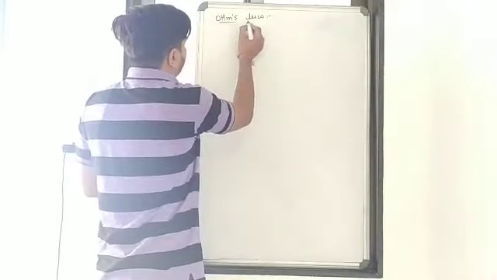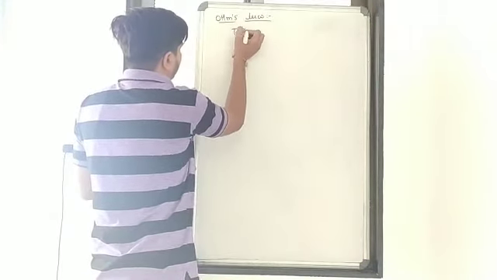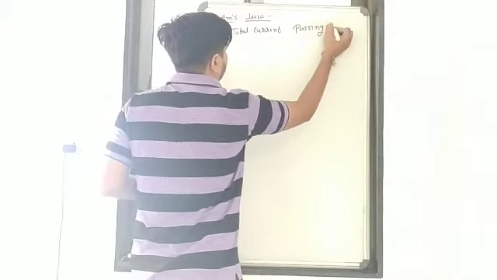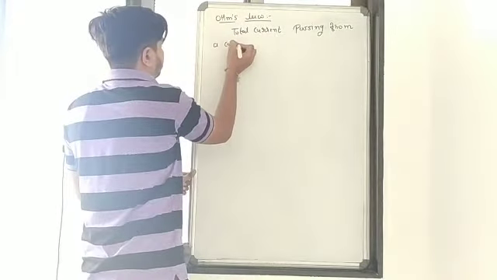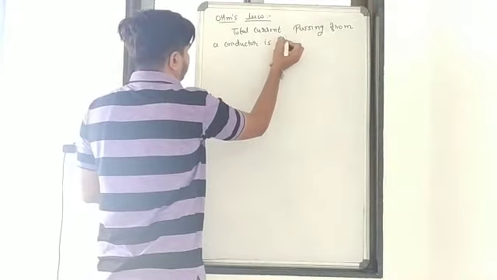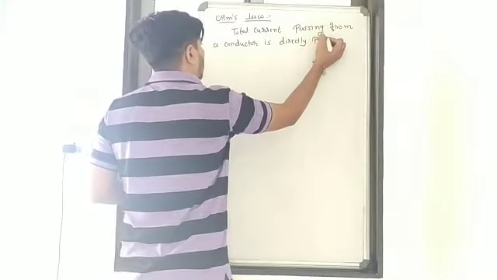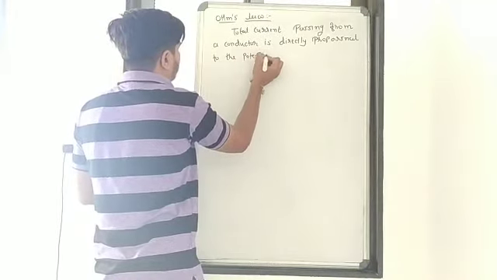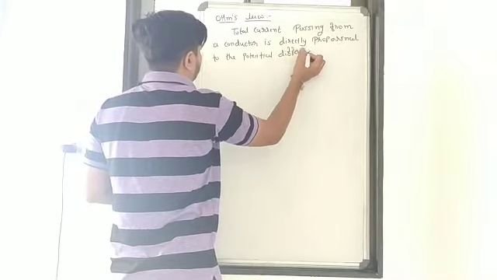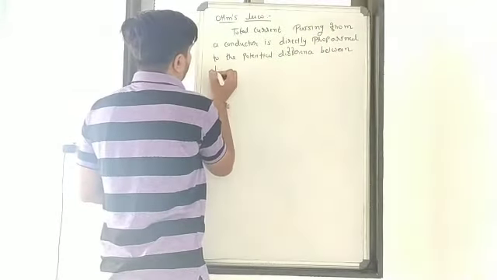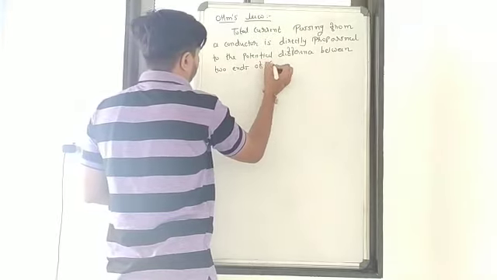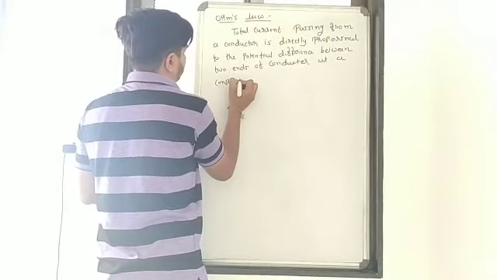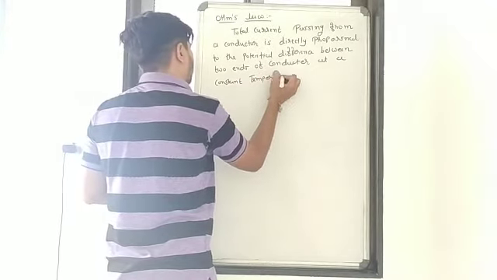What is Ohm's law? Generally, the total current passing through a conductor is directly proportional to the potential difference between the two ends of the conductor at constant temperature.